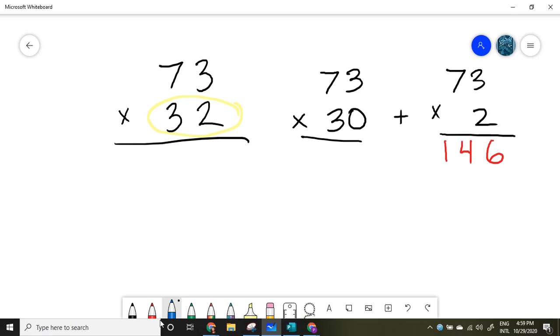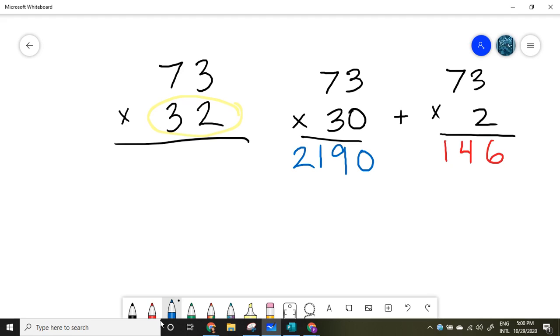When I see the 0 at the end of 30, I know I will put a 0 at the end of my product, and then I will multiply the rest of my factor by that 3. First I will multiply 3 times 3, and that is 9. Next I will multiply 3 times 7, and that is 21.